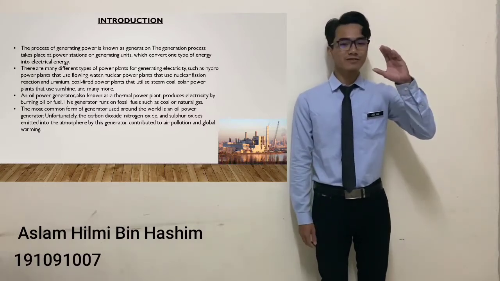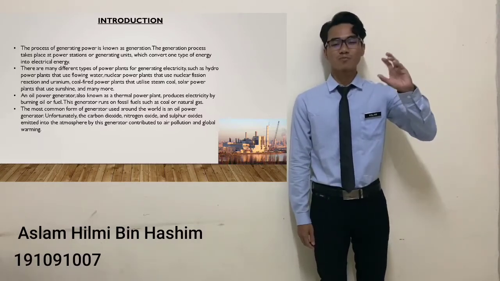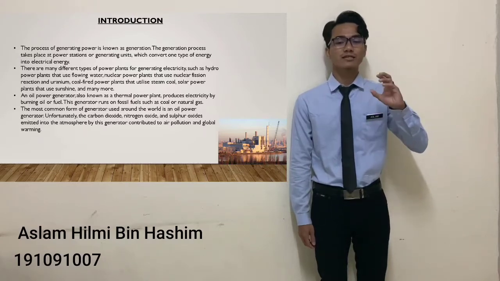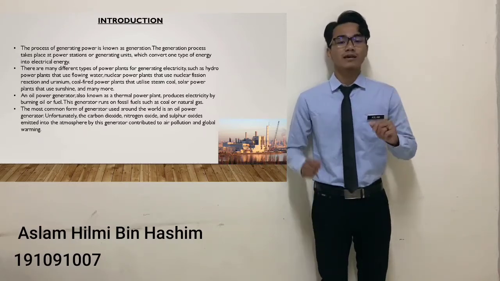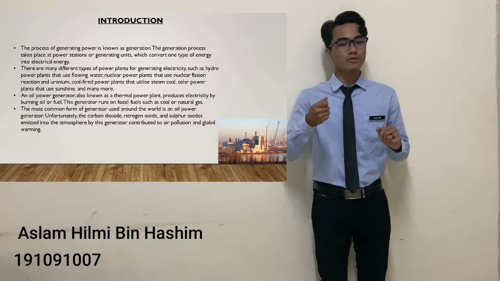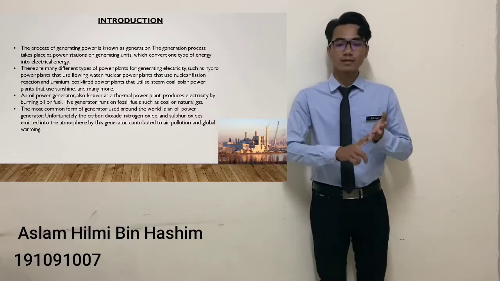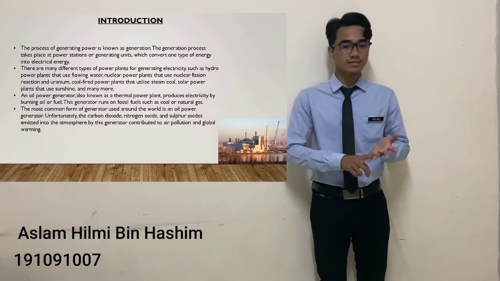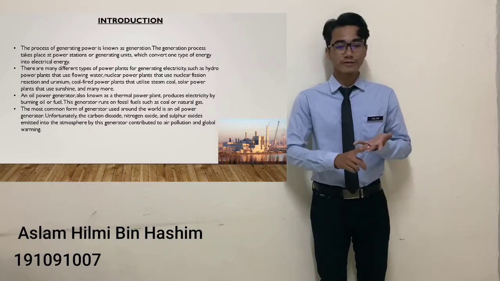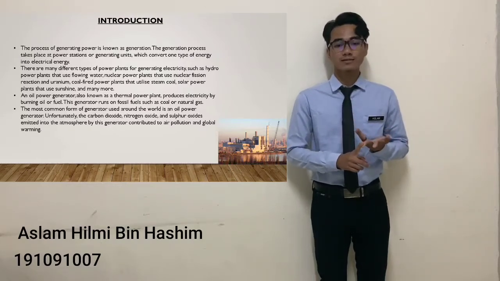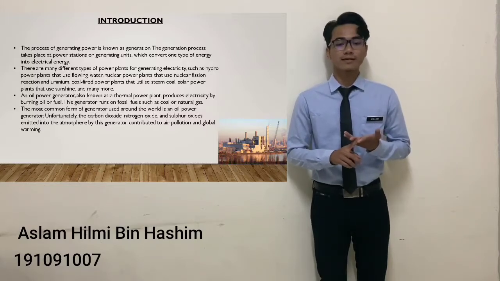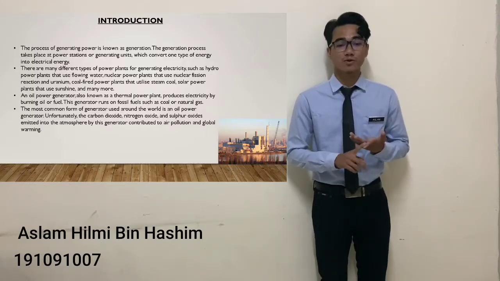There are many different types of power plant for generating electricity, such as hydro power plant that uses flowing water, nuclear power plant that uses nuclear fission reaction and uranium, coal-fired power plant that utilizes steam coal, solar power plant that uses sunshine, and many more.